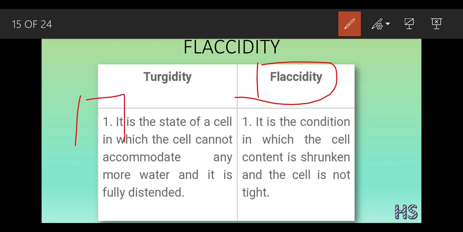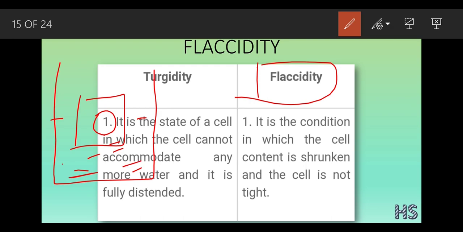Suppose this is a cell, and inside this is a nucleus, and there is a vacuole which is full of water, and I am going to place this cell in a beaker which is hypertonic in nature. So what is going to happen when I put this in the hypertonic solution?